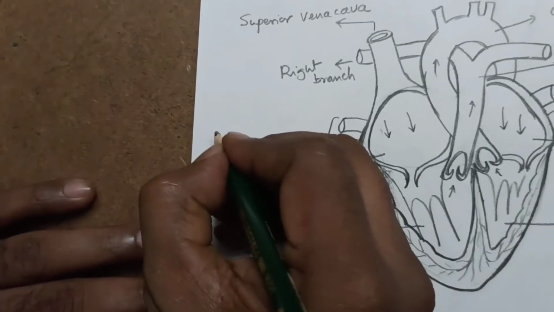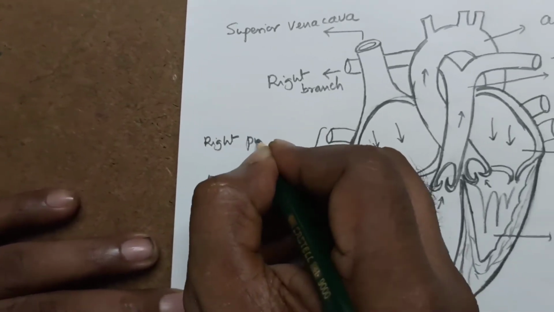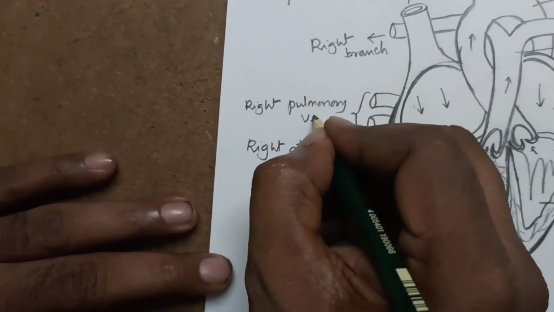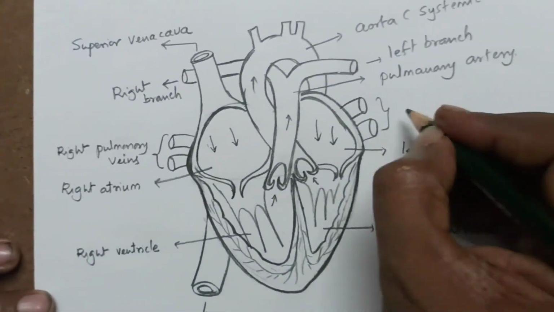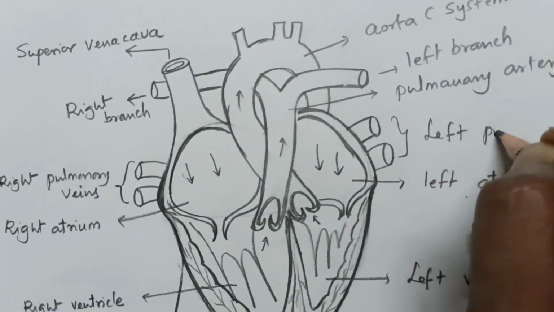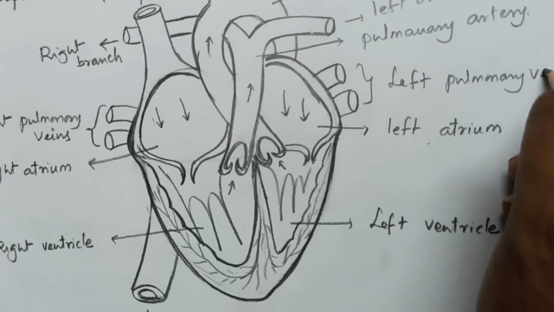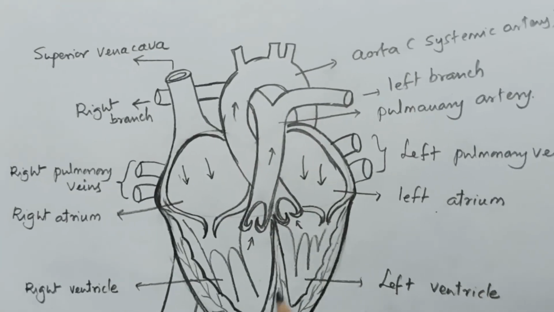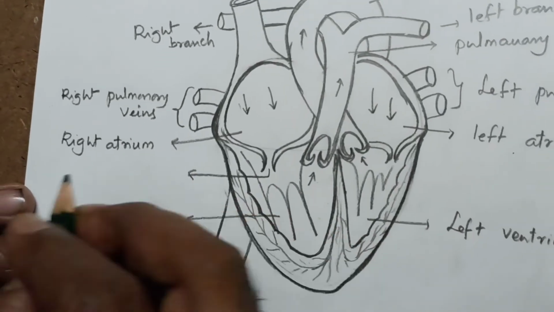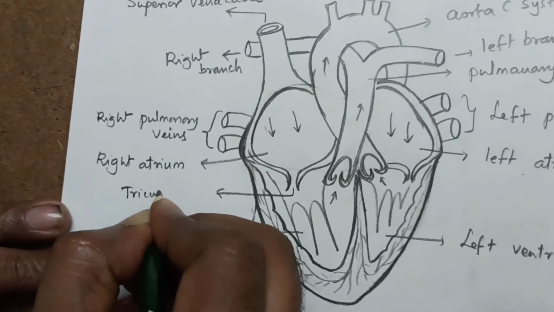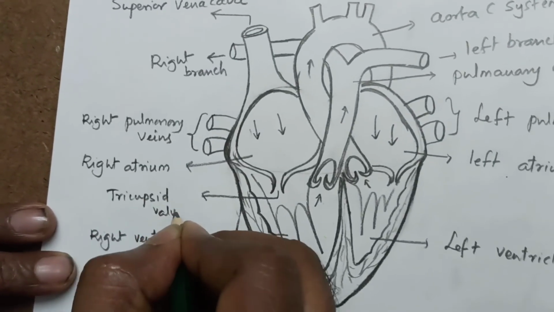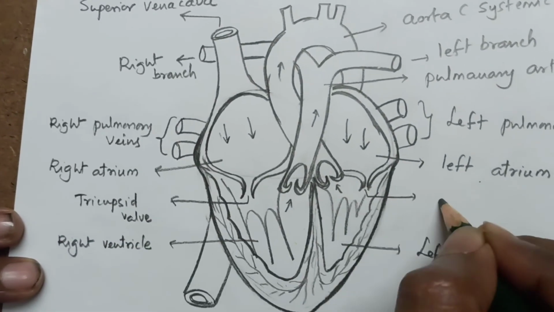These are the right pulmonary veins, these are the left pulmonary veins. This is the tricuspid valve, this is the bicuspid valve, also known as the mitral valve.